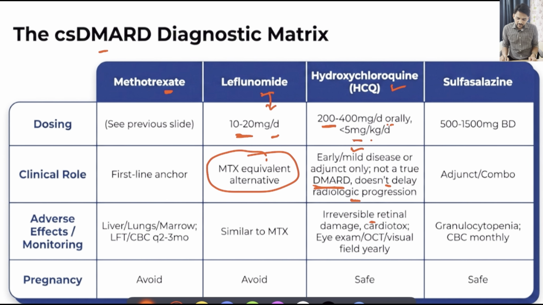But the important thing is there might be irreversible retinal damage or cardiotoxicity. So every year eye examination, again efficient as an adjuvant therapy, and we have to monitor for CBC because granulocytopenia is one of the adverse events with sulfasalazine, but it is also considered as safe during pregnancy.